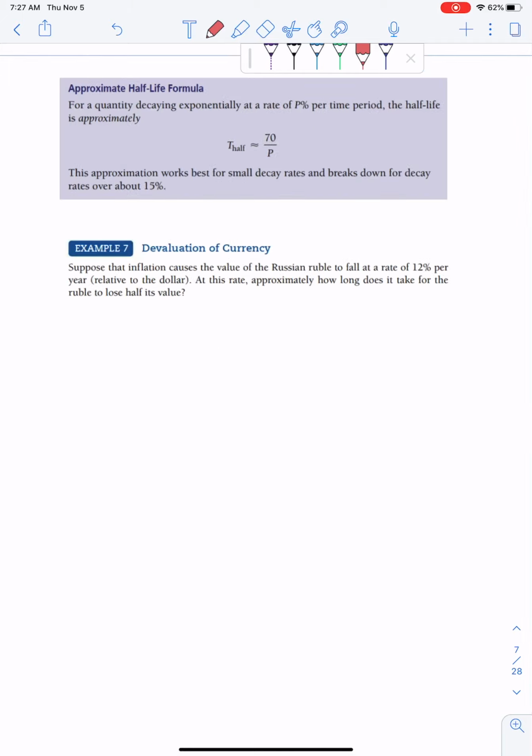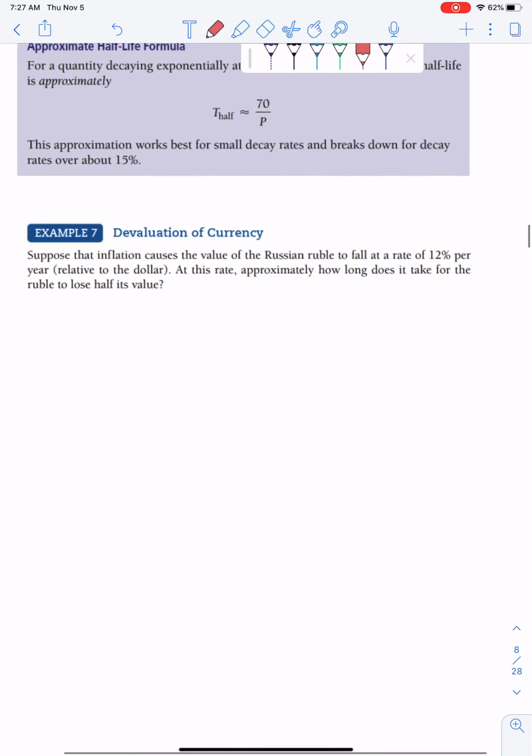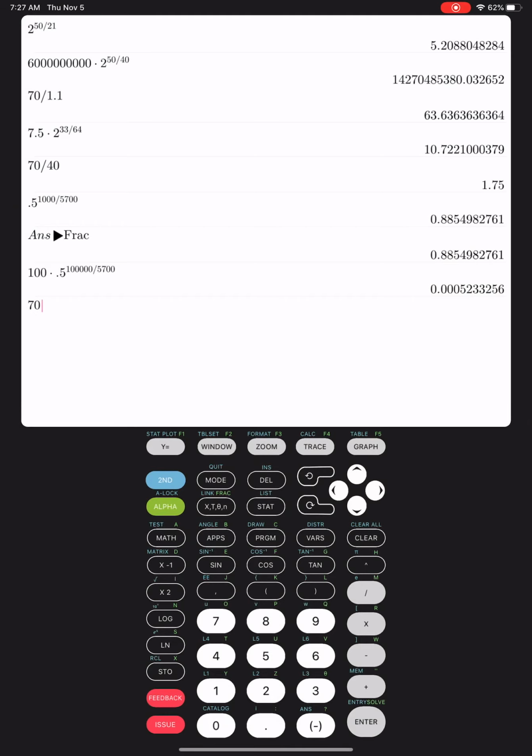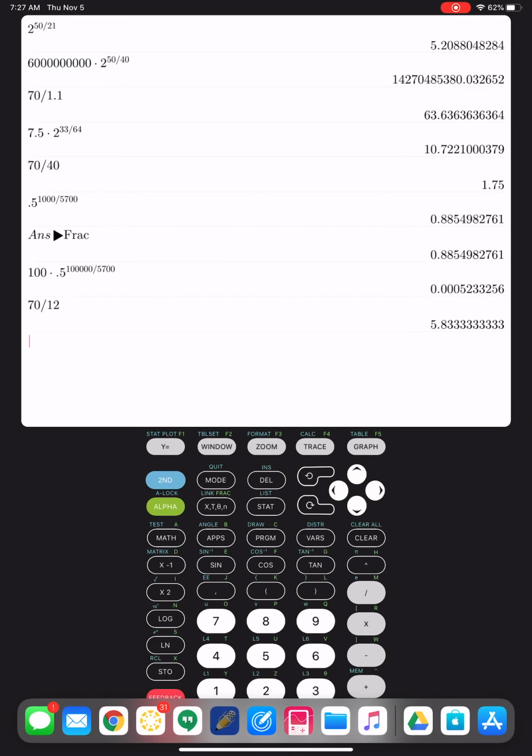So suppose that inflation causes the value of a Russian ruble to fall at a rate of 12% per year relative to the dollar. At this rate, approximately how long does it take for the ruble to lose half its value? So we're looking for the half value, our half-life. So I do approximately 70 divided by 12%. I'm going to do 70 divided by 12, and I get 5.8333.